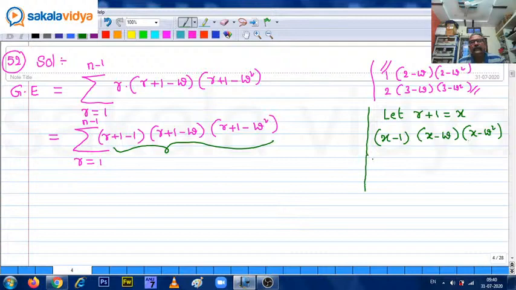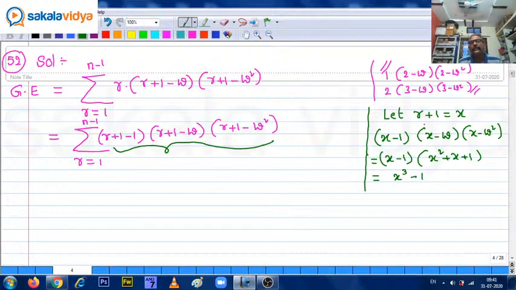For your clarification, x minus 1 into the product of these two gives x square plus x plus 1. It is one of the important algebraic identities. So x minus 1 multiplied by x square plus x plus 1 is x cube minus 1.